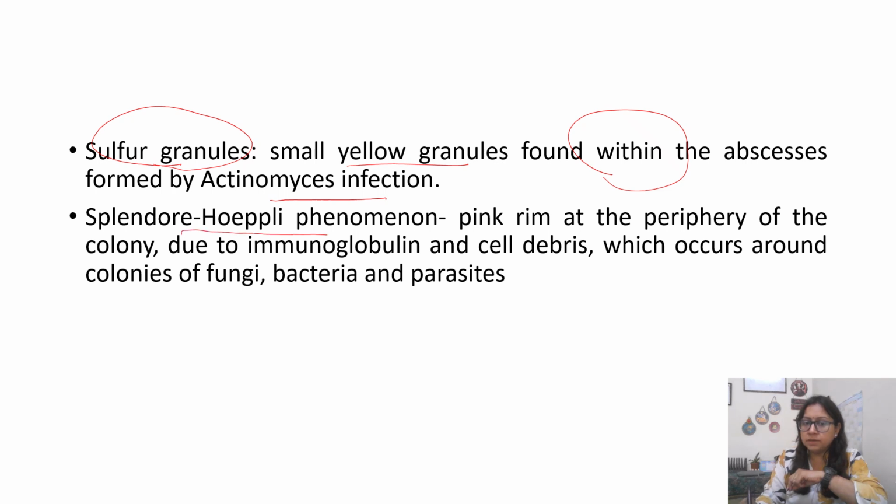So what is this Splendore Hoeppli phenomenon? I'll show you the diagram also. What you will see is a pink rim at the periphery of the colony. Why is that pink rim formed? It is basically immunoglobulin and cell debris getting accumulated there.